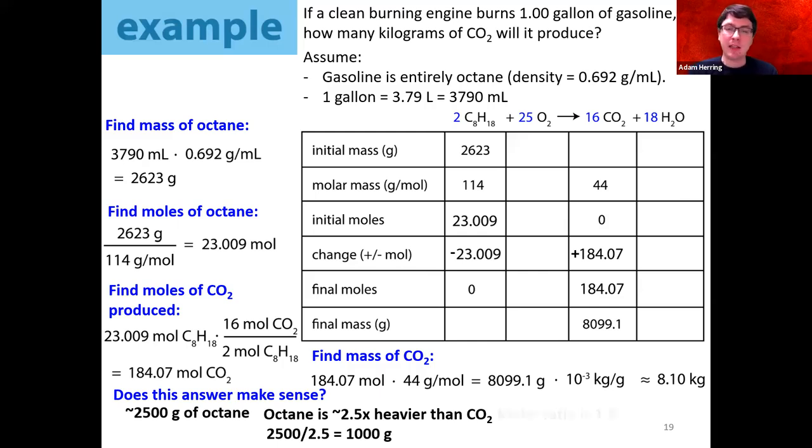However, we see that the molar ratio is 1 octane for every 8 carbon dioxide. And so we need to multiply this mass by a factor of 8. And so we would estimate somewhere around 8,000 grams of our carbon dioxide, which is really close to what we actually calculated. So this seems reasonable.